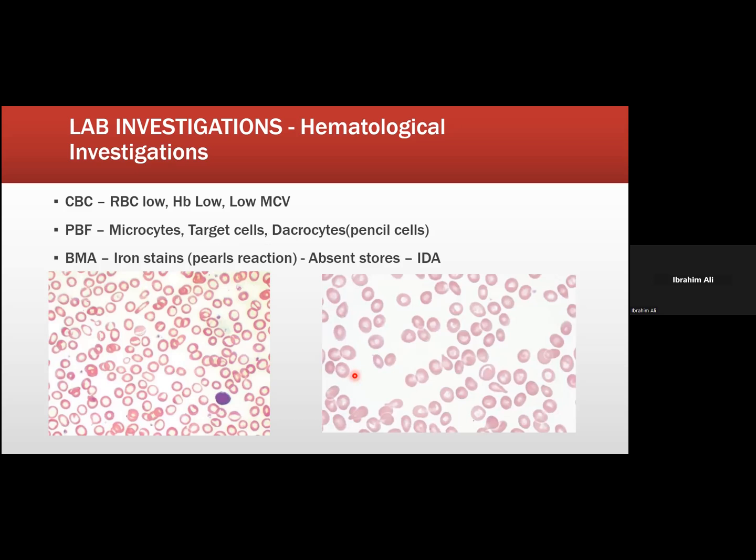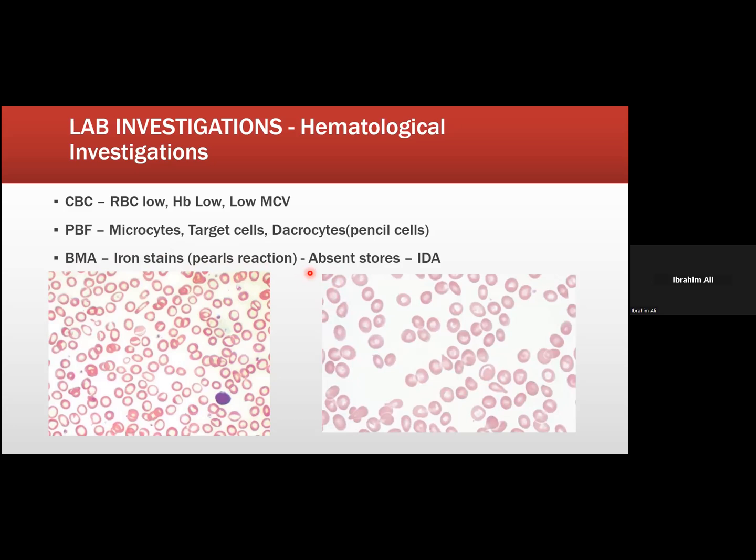You can see dacrocyte. Dacrocyte is a specific feature of iron deficiency anemia. And then in bone marrow examination, the iron is still blue when you are using Perls Prussian blue. So also here, this iron is still blue.